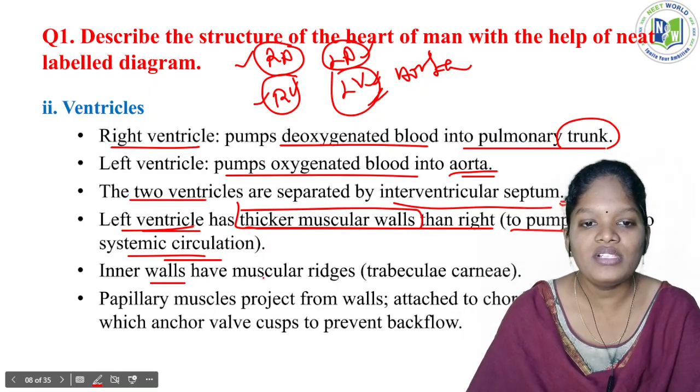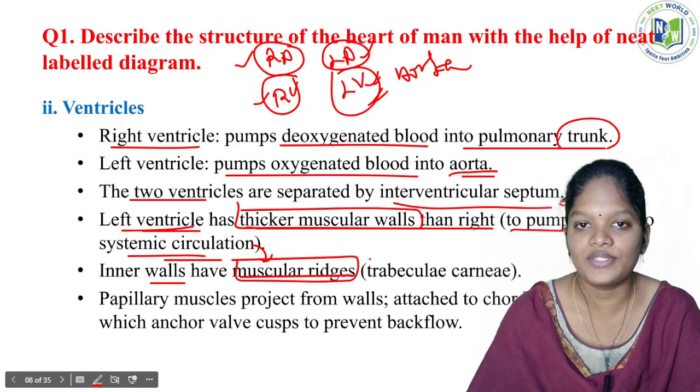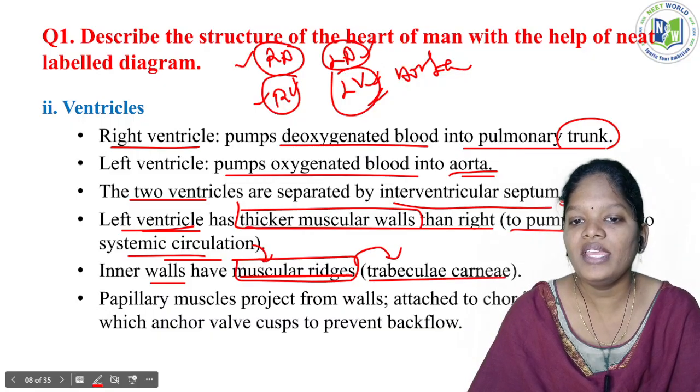Now the inner walls have muscular ridges, which we call the trabeculae carneae.